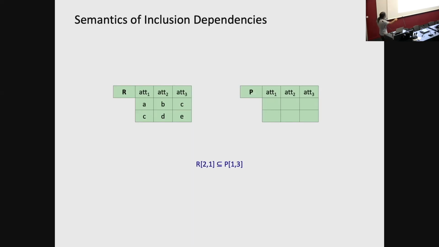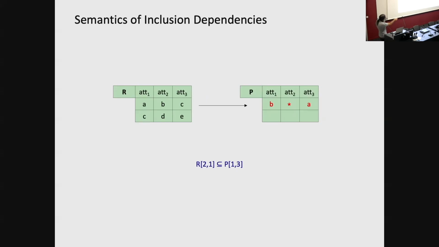If I have a tuple in the relation R, let's say A, B, C, then what I expect is to see a tuple in the relation P where in the first attribute of P, I should see the value that appears in the second attribute of the tuple in R. Here, for example, I have this tuple where in the first attribute of P, I have B, which is the value coming from the second attribute of the tuple ABC in the relation R. And the same with the other numbers.